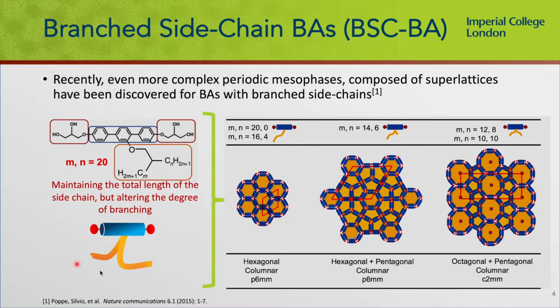The interesting thing is that you don't change the volume of the lateral side chain, you just change the degree of branching, and what you get is very beautiful superlattices. You go from a hexagonal columnar phase into a superlattice formed of hexagons and pentagons, and you could go to superlattices of octagons and pentagons for the symmetric case. For the asymmetric case, you have a hexagonal symmetry. For the symmetric case, you have a rectangular symmetry.